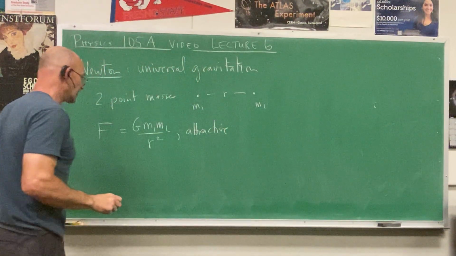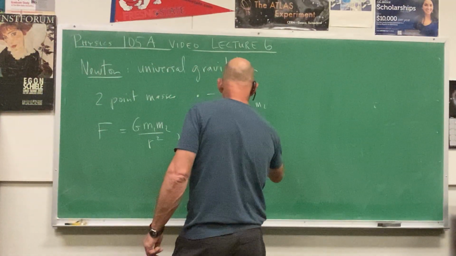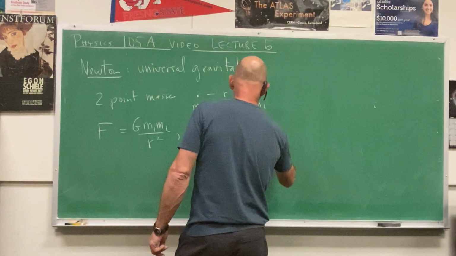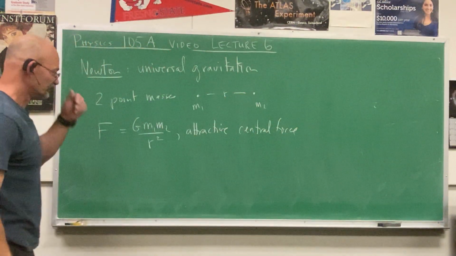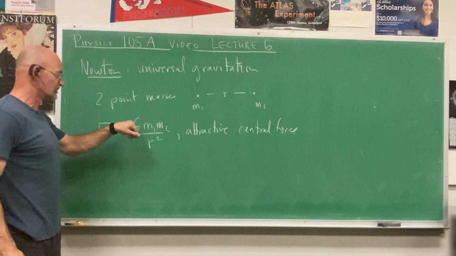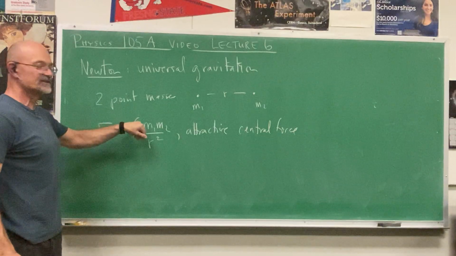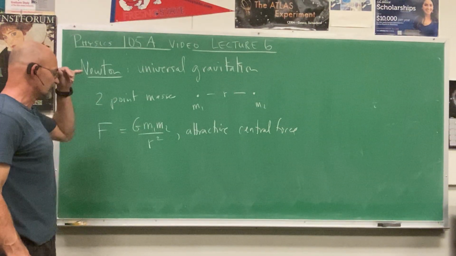There it is. Attractive central force along the line joining them. So yeah, it took some time until this constant was actually determined. Cavendish determined the value of this constant.